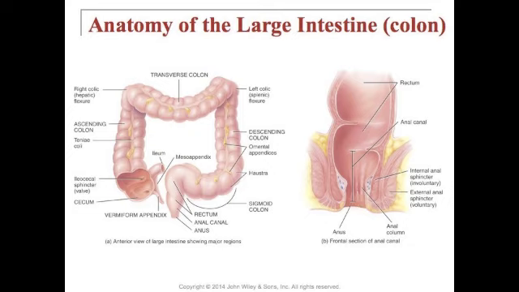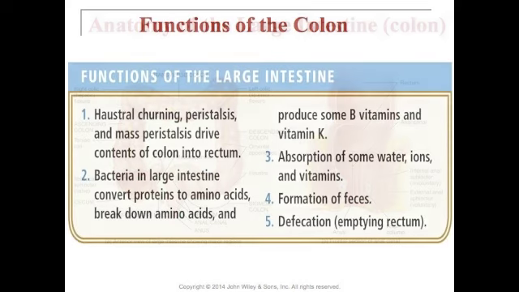So moving on to the anatomy of the large intestine. The regions of the large intestine are the cecum, colon, and rectum. And this next slide discusses the functions of the large intestine. Haustral churning, peristalsis, and mass peristalsis drive the contents of the colon into the rectum.